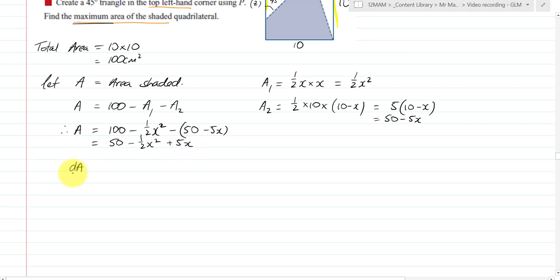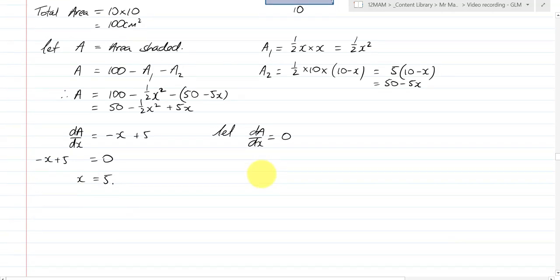Therefore I can calculate dA/dx, which in this case is going to be equal to, 50 disappears, 2 comes out the front, to give me negative x plus 5. I'm going to let dA/dx equal 0, and therefore negative x plus 5 equals 0, and x is equal to 5. So we're saying that hopefully the maximum area will be when x is equal to 5.